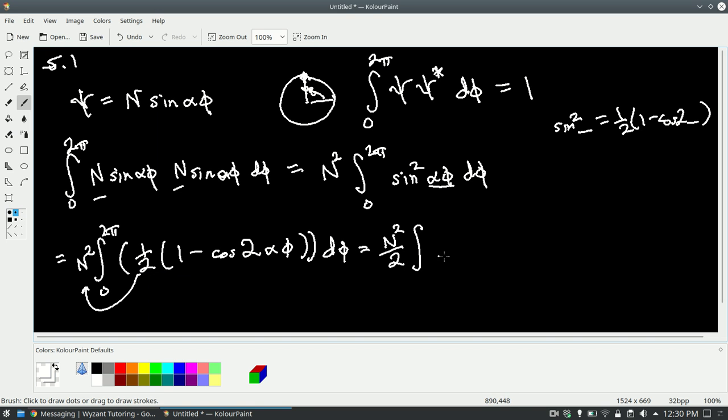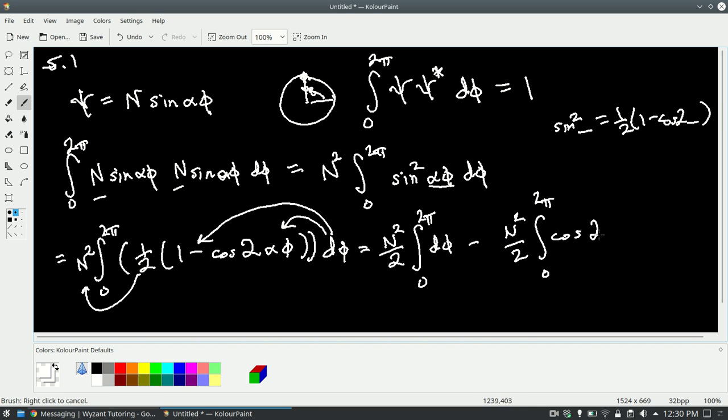Now I'm going to distribute this so I can have two separate integrals. So N squared over 2 d phi from 0 to 2 pi, minus N squared over 2 from 0 to 2 pi. And what's this? This is cos 2 alpha phi d phi.